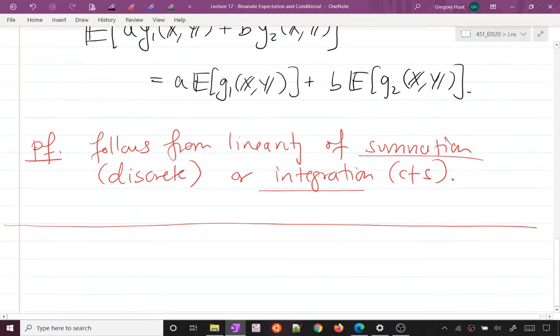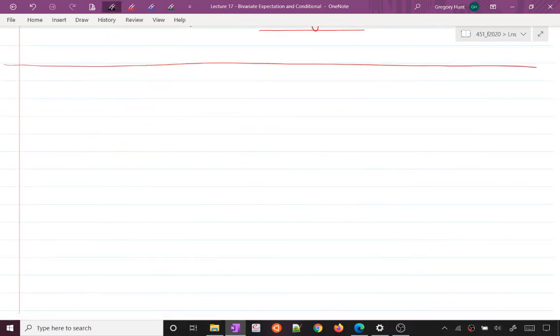So one of the most useful and interesting things about bivariate expectation is that it allows us to define several concepts that relate random variables to each other. So bivariate random variables are basically just talking about two random variables at a time.